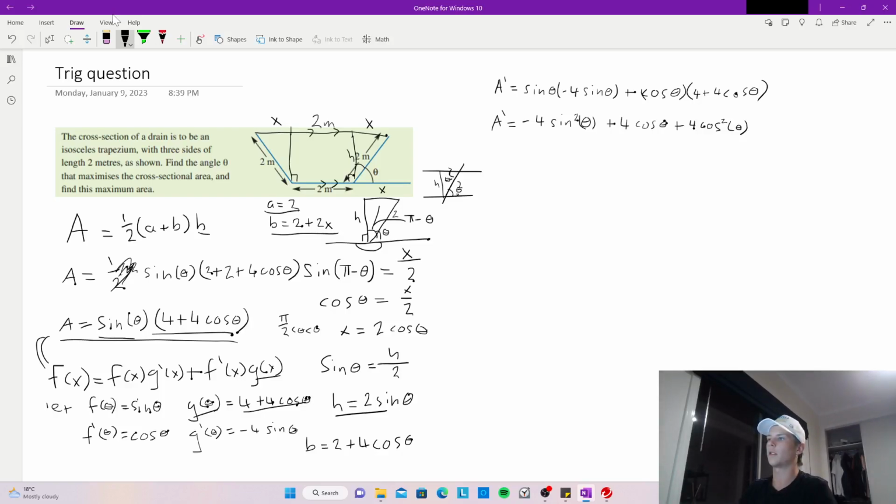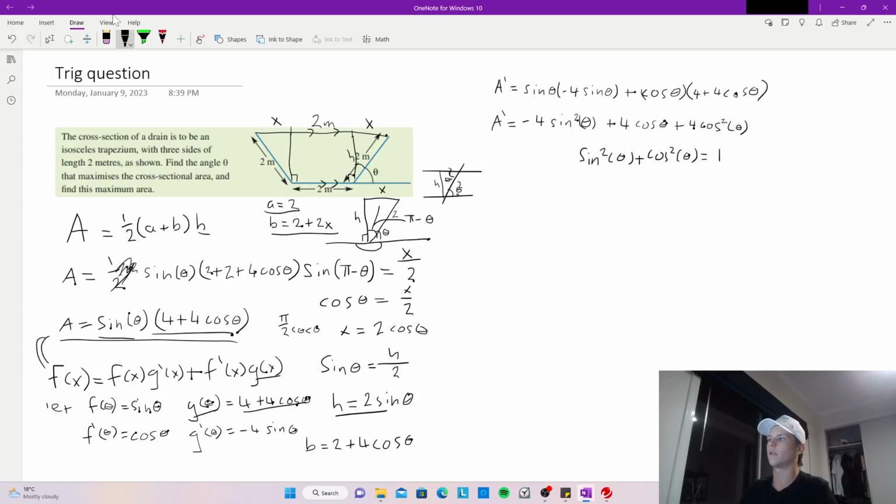So we want to pretty much turn this sine squared theta into anything that has cos in it. So we can use our trigonometric identity. So we got sine squared theta plus cos squared theta is equal to 1.